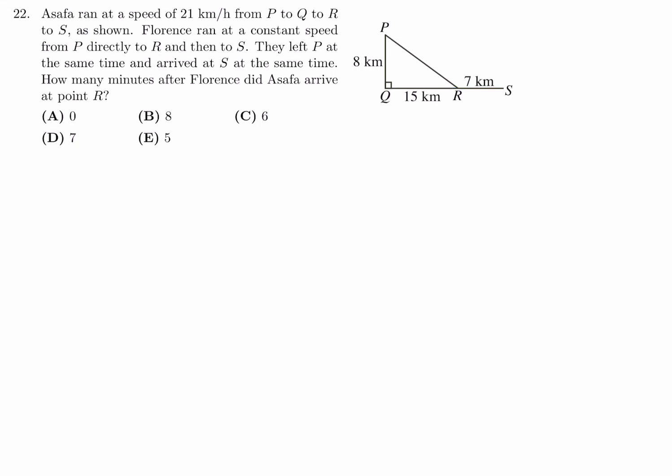So in this question, we are going to use speed equals distance over time. And of course, any variation of that formula is appropriate. For example, time is equal to distance over speed.